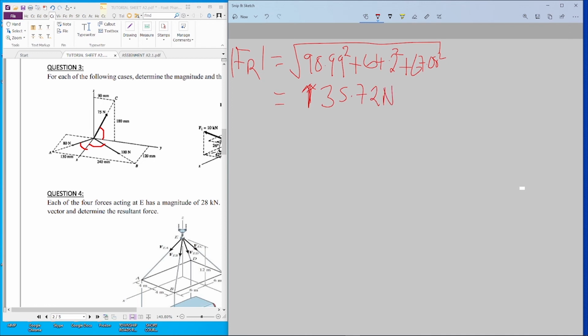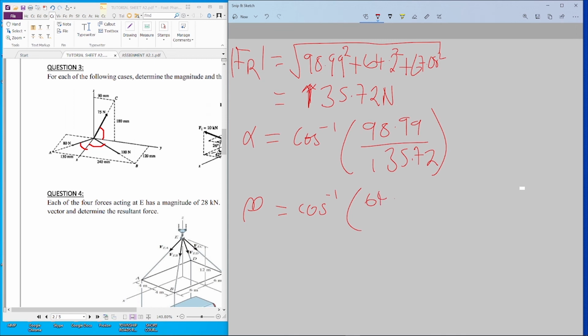Then our alpha is equal to cos inverse of 98.99 over 135.72. Our beta is equal to cos inverse of 64.2 over 135.72.